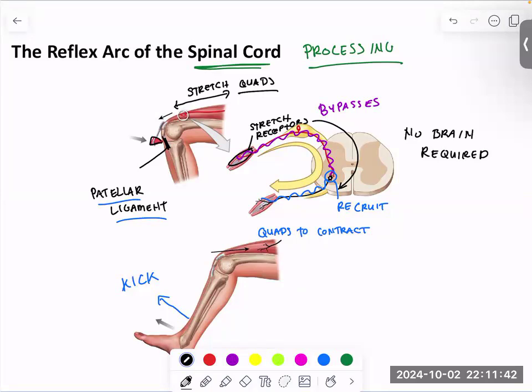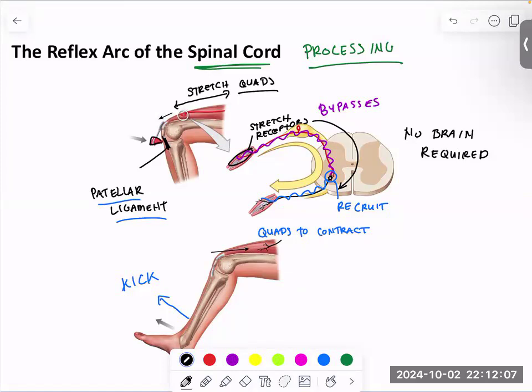This is why your doctors check your reflexes. They aren't checking if your muscles work. They're checking to make sure your spinal cord and your nerves are working appropriately. The reason they do the knee, number one, is because it's the one that's furthest away from the spinal cord.